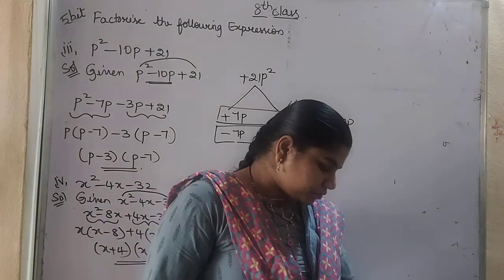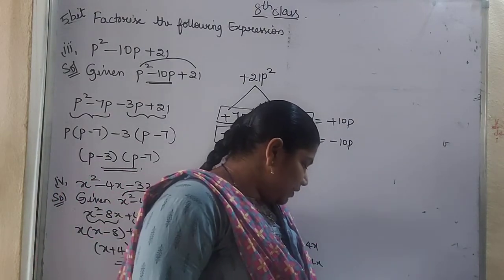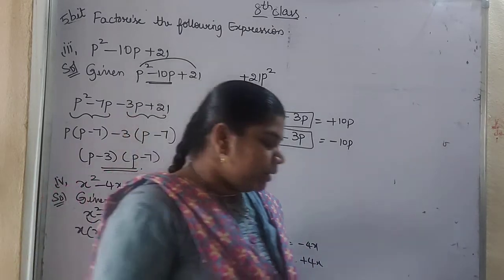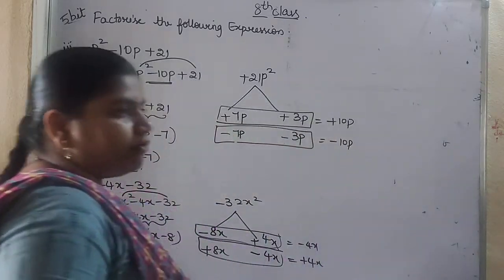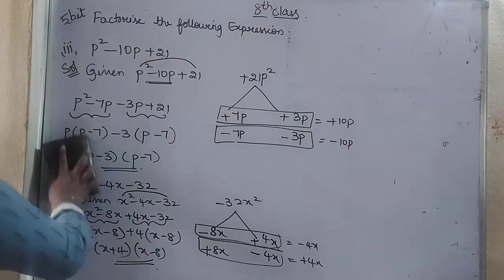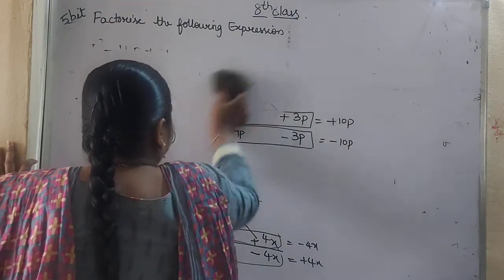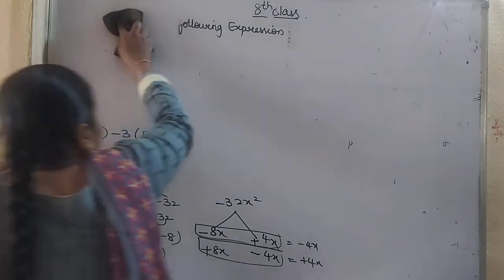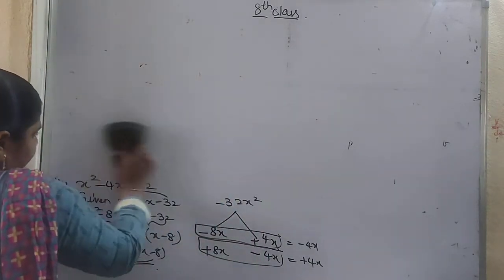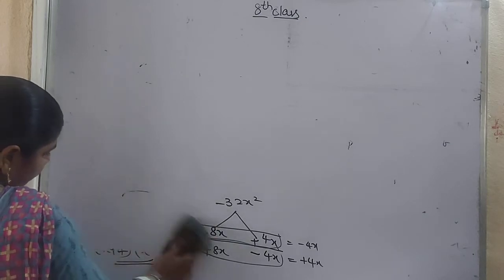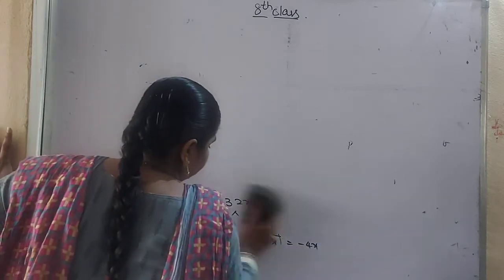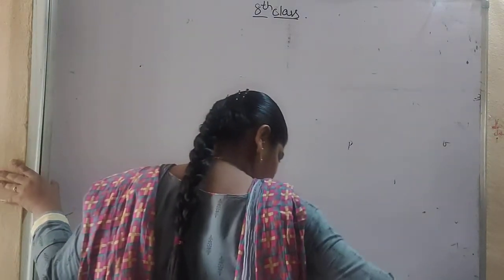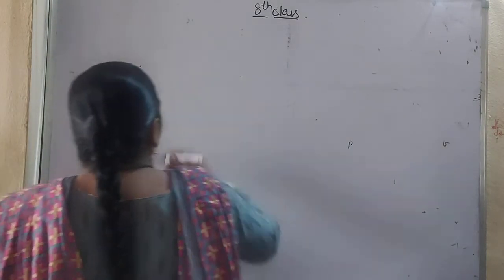Now we are starting the next exercise, that is exercise number 12.3. So now we have to do a division. So till now we have done multiplication, addition, subtraction. Now we are applying division for factorizing. Exercise 12.3.